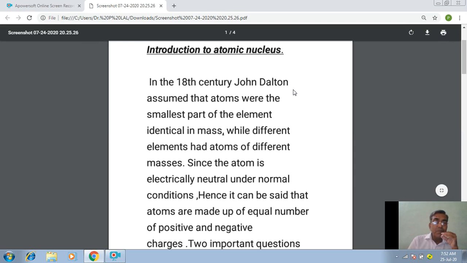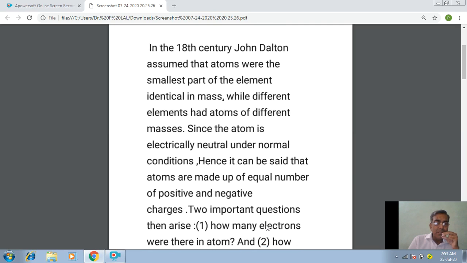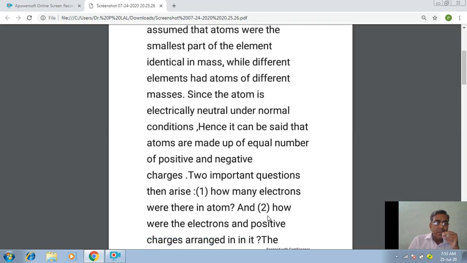In the 18th century, John Dalton assumed that atoms were the smallest part of the element, identical in mass, while different elements had atoms of different masses. Since the atom is electrically neutral under normal conditions, it can be said that atoms are made up of equal numbers of positive and negative charges.